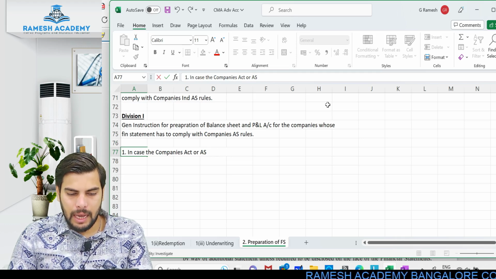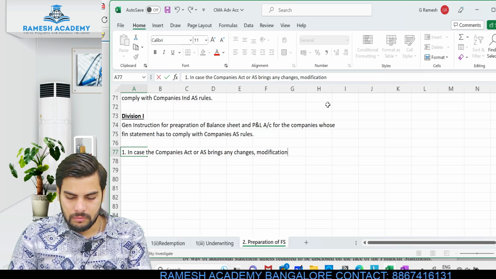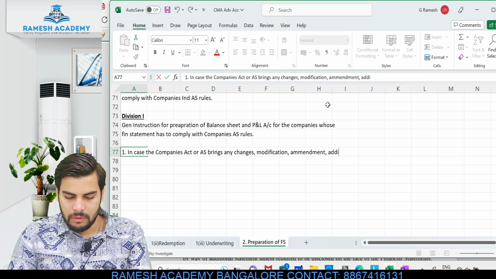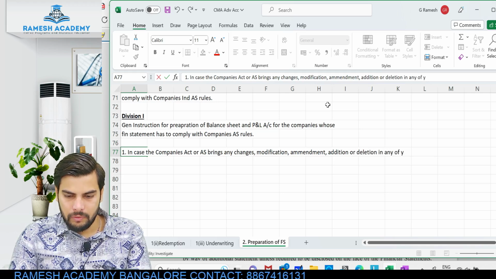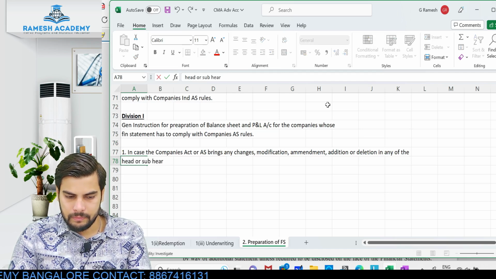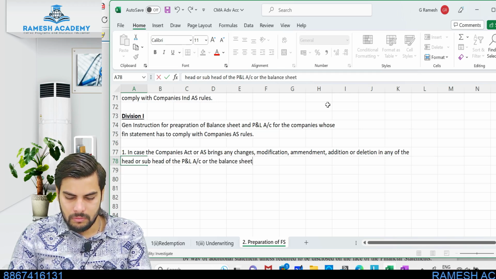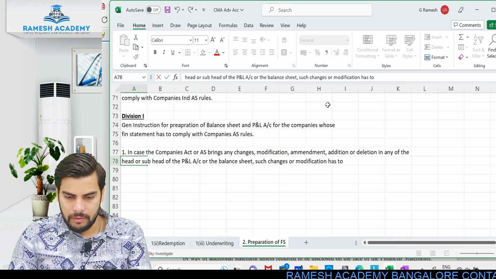In case the Companies Act or accounting standard brings any changes, modification, amendment, addition or deletion in any of the head or subhead of the P&L account or balance sheet, such changes or modification has to be made.